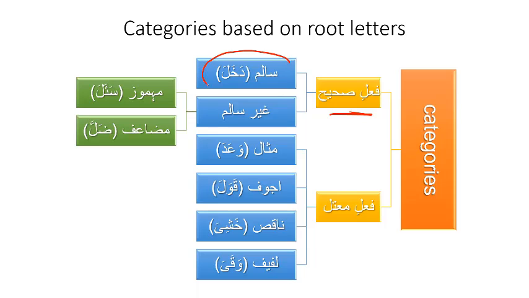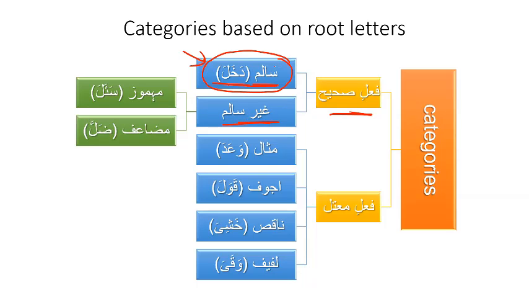This is the form that we've studied so far. Salim means just normal, regular, healthy. So when you see dakhala, do you see any illat over here? There is no illat, there is no hamza, there is no repeat. So this is just the normal sort of verb that we've seen. Normal means healthy, so that's salim. All right. Then we get to ghair salim.